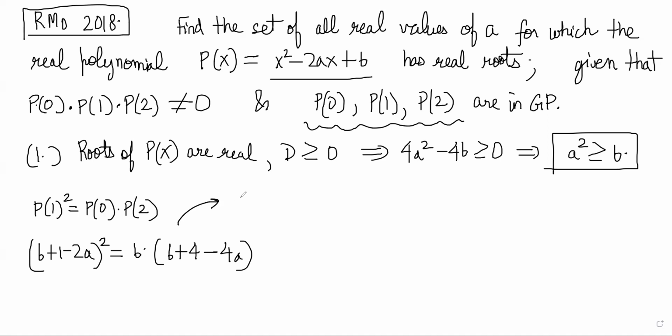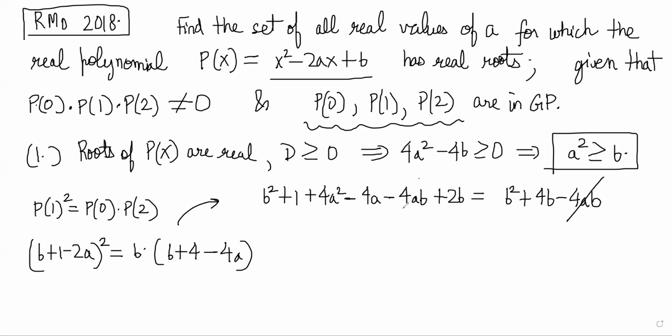So we simplify this a little bit, you will get b square plus 1 plus 4a square minus 4a minus 4ab plus 2b is equal to, on the other side, b square plus 4b minus 4ab.